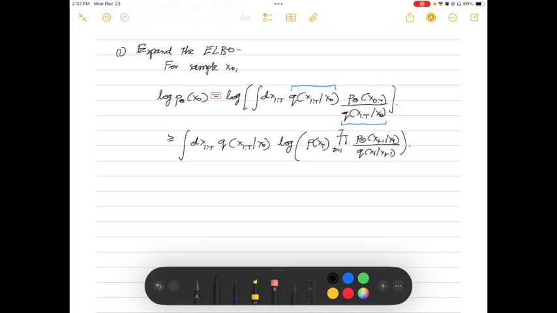We did two things. First, we established a lower bound by moving the log inside the integral.